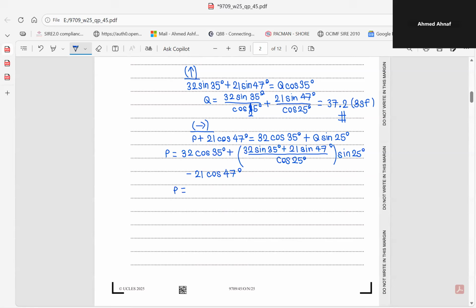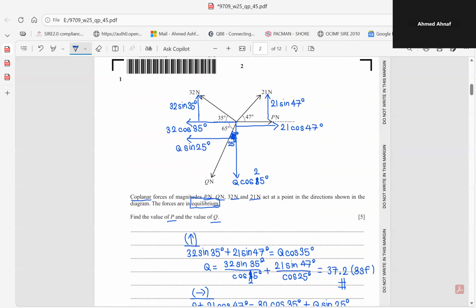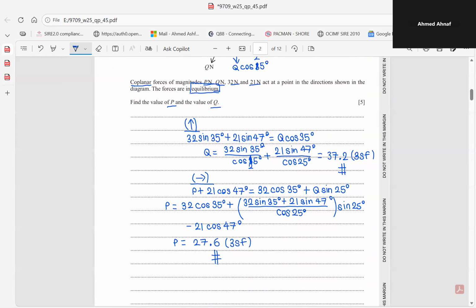So just type all of this into your calculator. You would get 27.6 to 3 significant figures as your final answer. So this would be our final answers for this question.